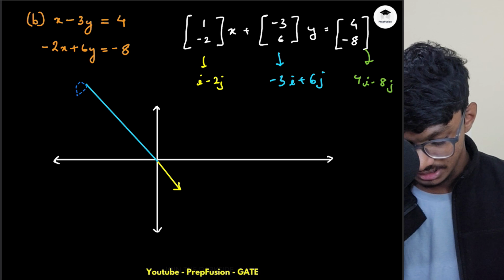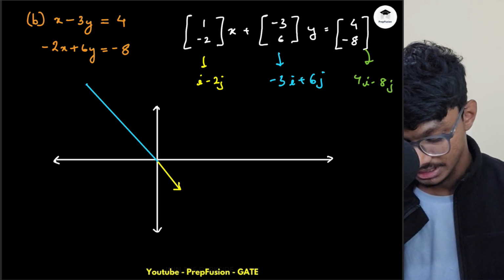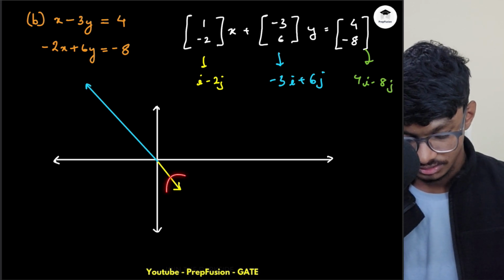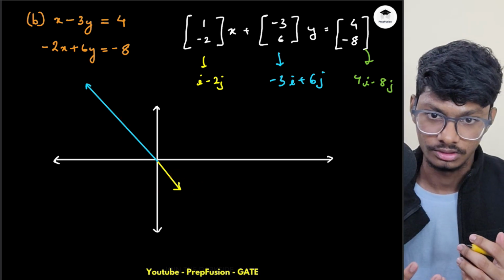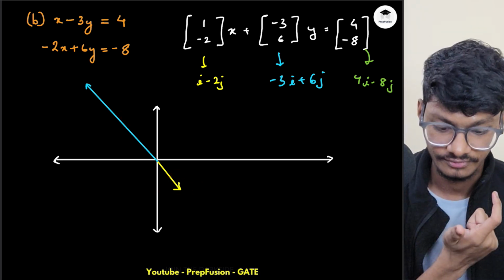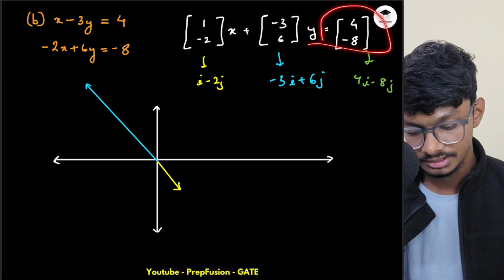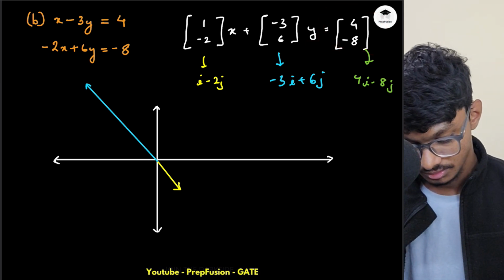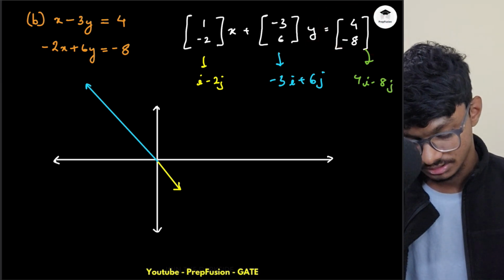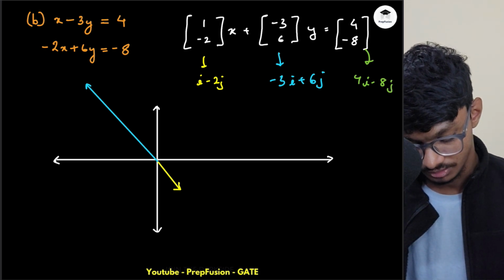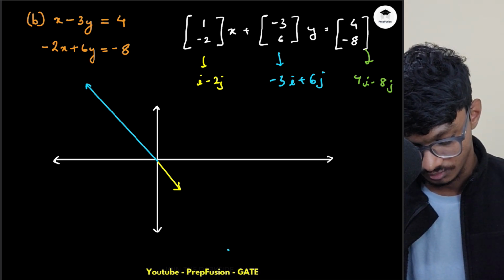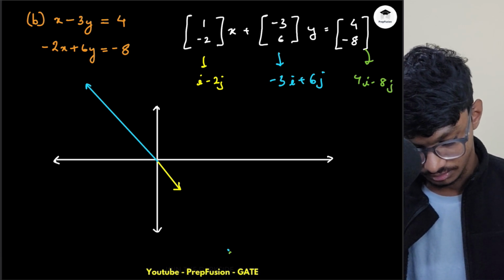Basically they are representing the same thing only, because the negative of this will be this. So what is my resultant vector? My resultant is 4 comma minus 8, which is 4 steps in the positive x, then minus 8, which will be very very down, somewhere around here.